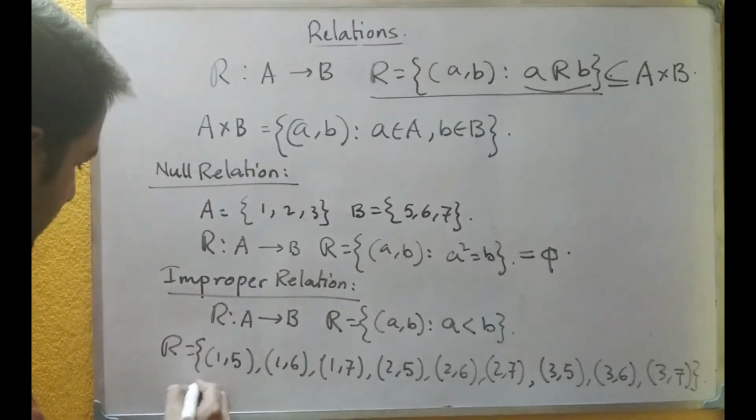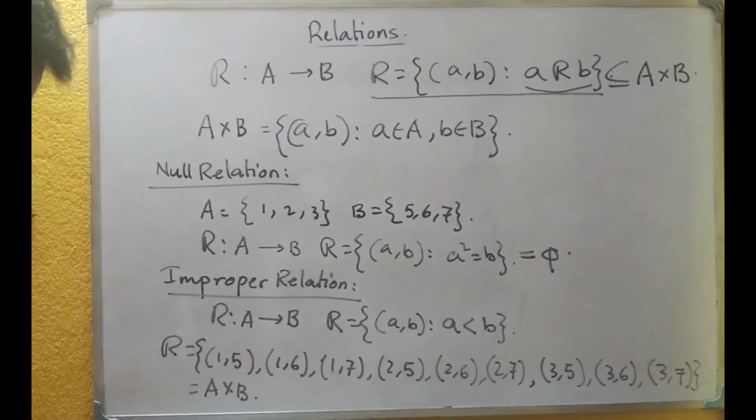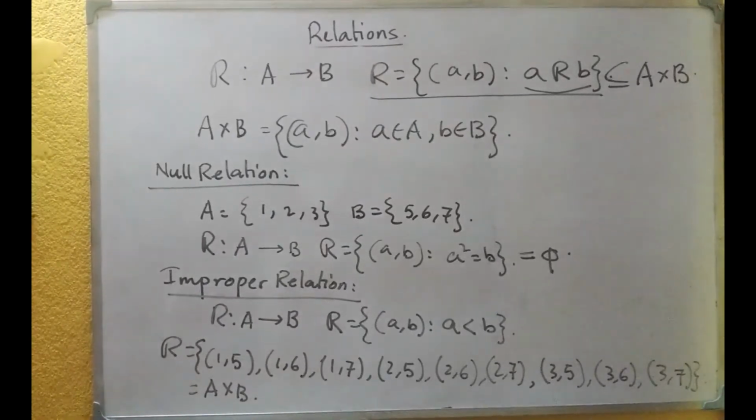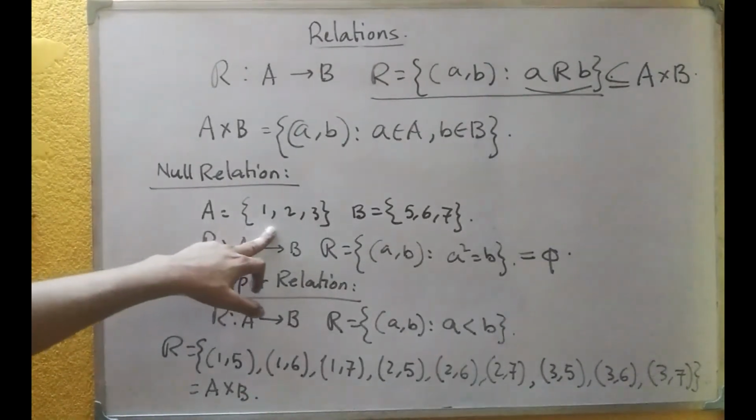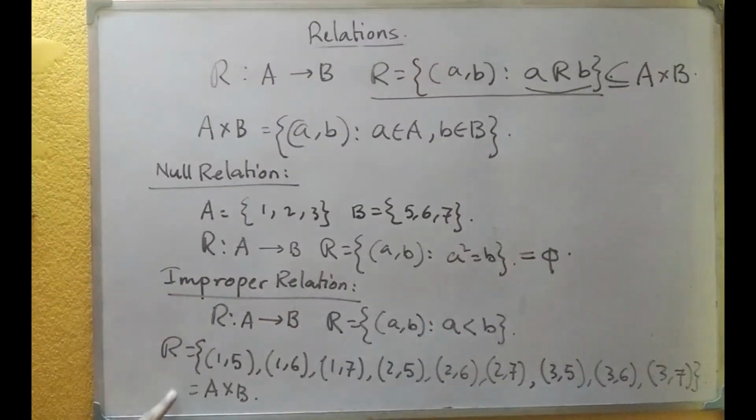See, this set is itself the cross product of A and B. So all the elements of A are related to every element of B. So for this reason we say that this relation is an improper relation.